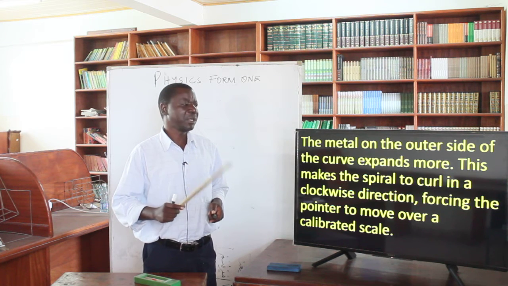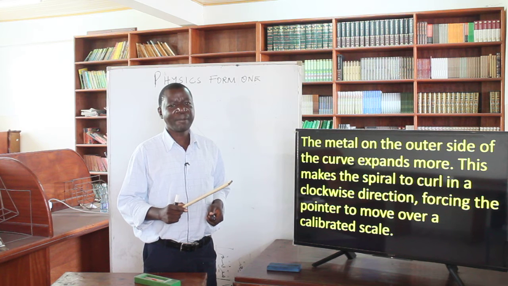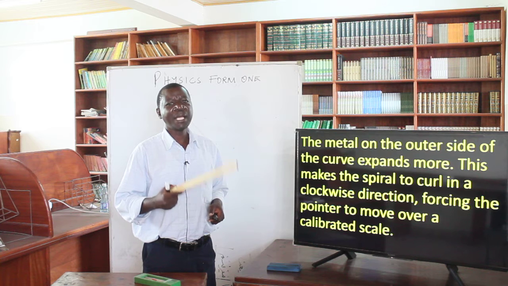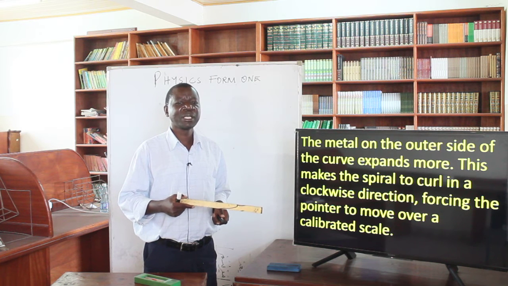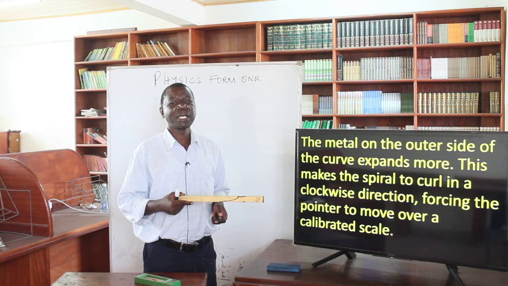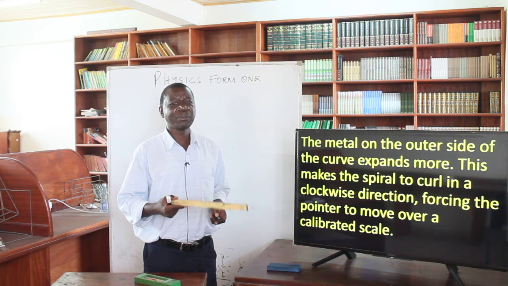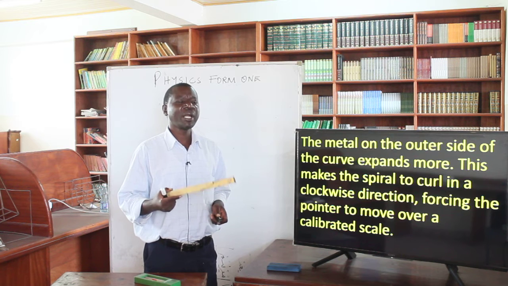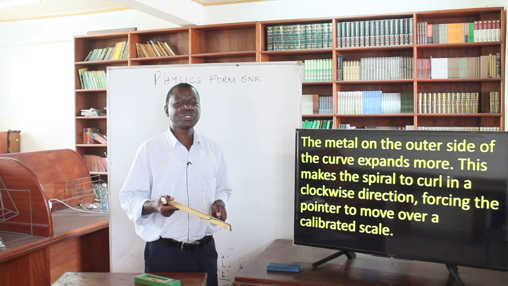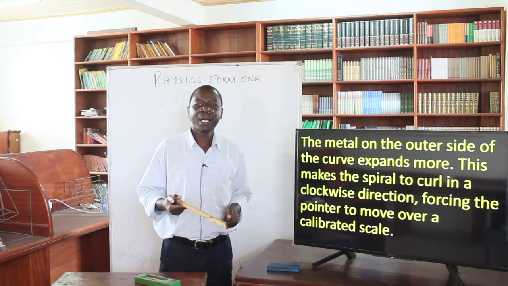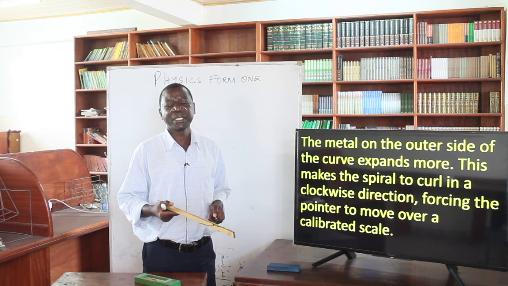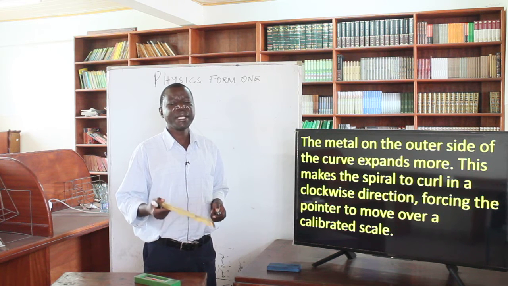A bimetallic strip thermometer has its own advantages. Where a liquid in glass thermometer cannot be used, a bimetallic thermometer can be used. For example, it can be used to measure very, very high temperatures, like in an oven.